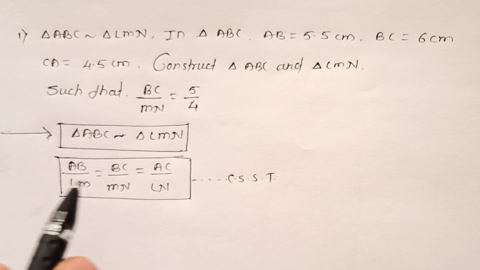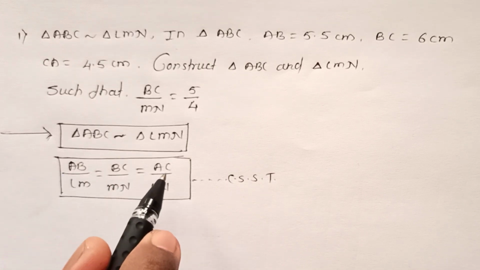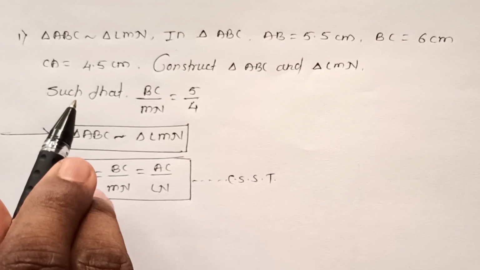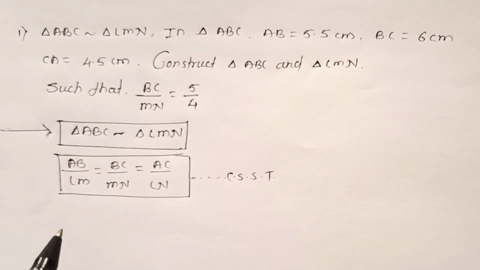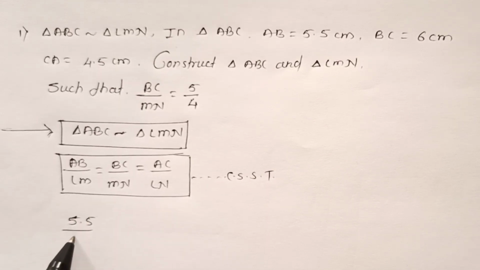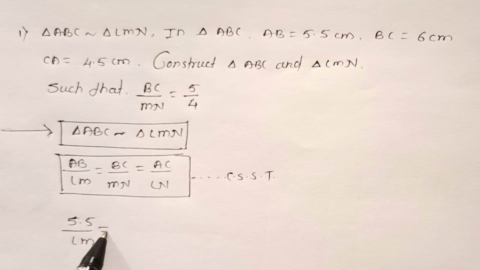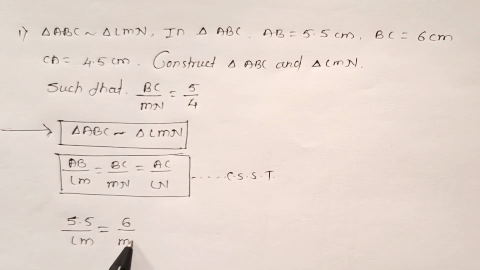Now if sides are in proportion, let's put down the values of AB, BC and AC, that means CA. So AB is equal to 5.5 cm upon LM as it is. We have to find out that LM. Now BC is equal to 6 upon MN.